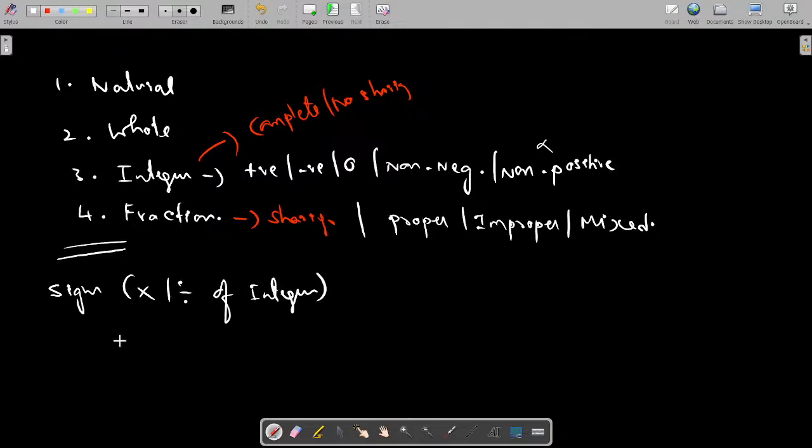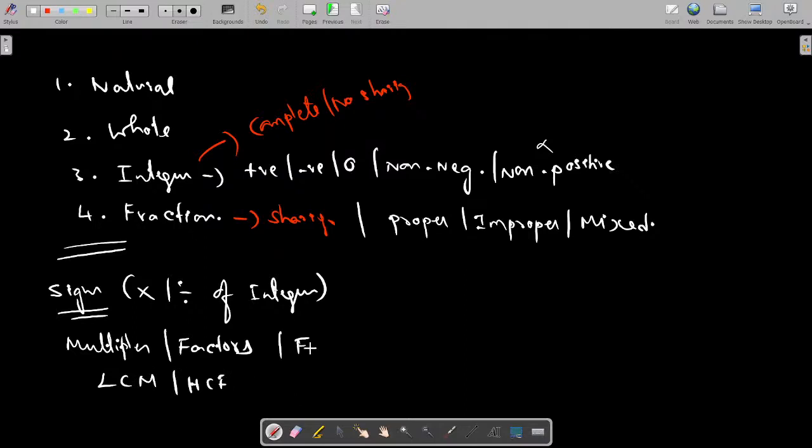Then we were discussing multiples, factors, LCM, HCF, and the difference between factors and multiples. Is it okay? And we were discussing prime numbers and composite numbers. That's all for today.